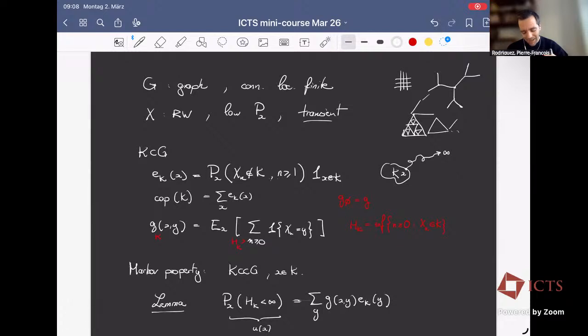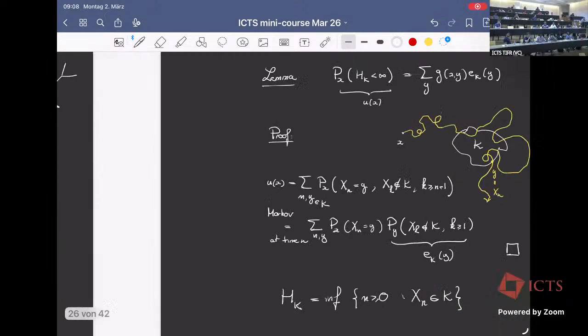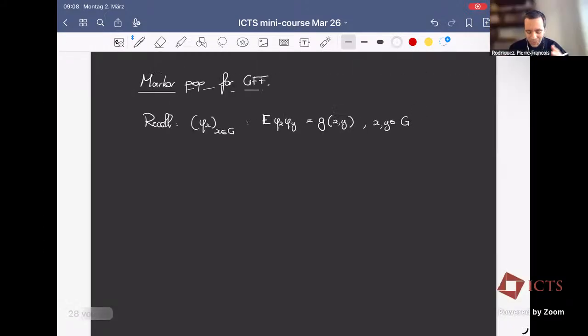I'm hiding maybe one thing under the rug, but let me not go there. So assume it's transitive. Otherwise, you should maybe normalize by the number of neighbors of y. But you don't have to.